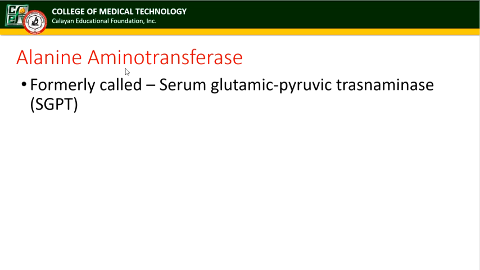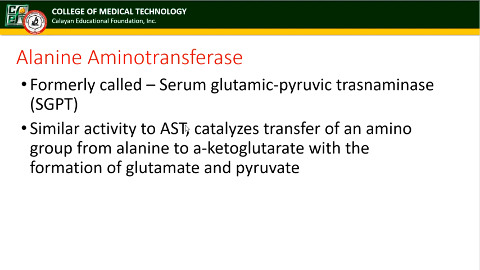Okay. So, alanine aminotransferase, formerly called serum glutamic pyruvic transaminase. So, parang yung isa, similar to AST, catalyzes transfer of amino group from alanine to alpha-ketoglutarate with the formation of glutamate and pyruvate. So, yun yung ating byproducts.